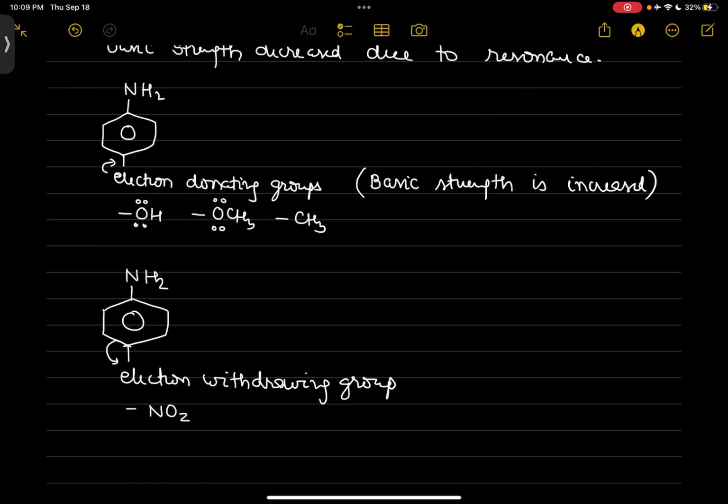They do not have lone pairs on them. Instead, they have double bonds and more electronegative atoms, like SO3H. So these are electron pulling groups. Got it?